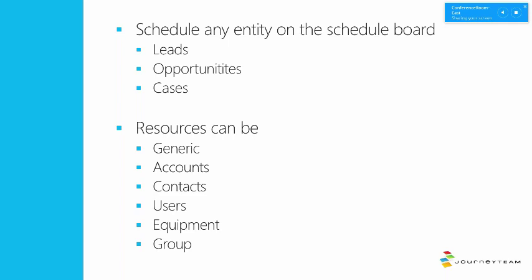So what can a resource be? Resources can be any kind of thing. A resource could be tied to an account. What if you had subcontractors, and they're vendors to you, but they also go out to do service, maybe one of those installations? Maybe they're an account, maybe they're just people or contacts in the system.